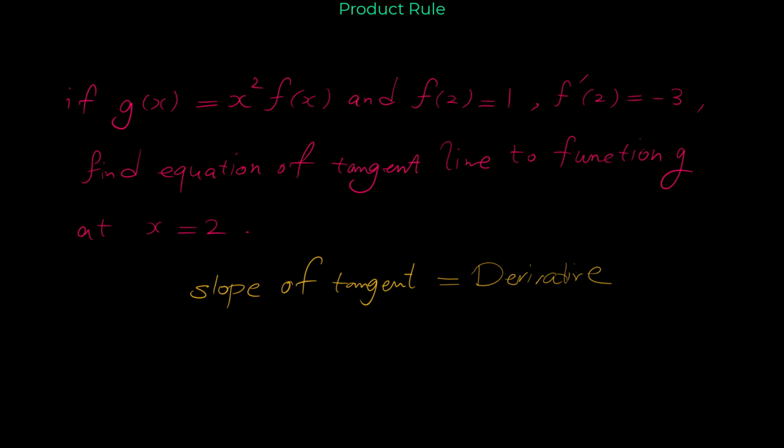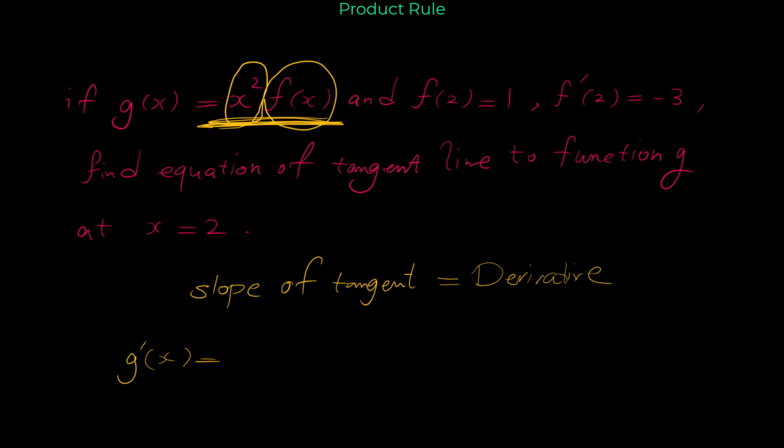So we start with finding g prime of x. But how can we find g prime of x? G is this given expression. G is x to the 2 times f of x. And for finding the derivative of g, we need the product rule, because we have x to the 2 times f of x.